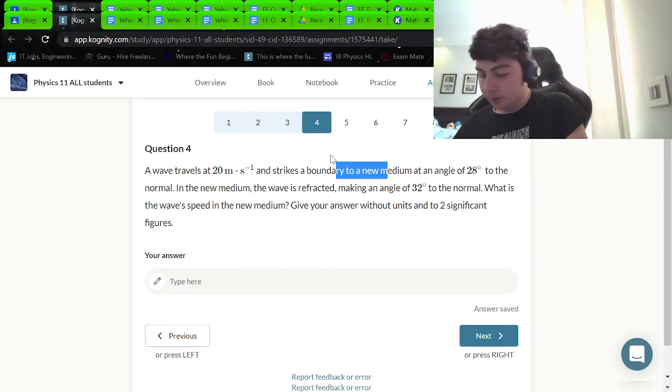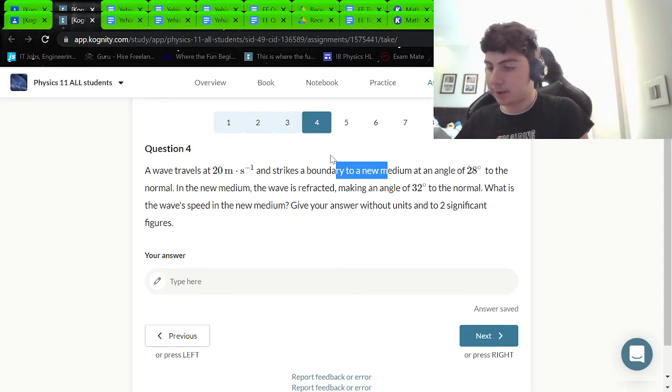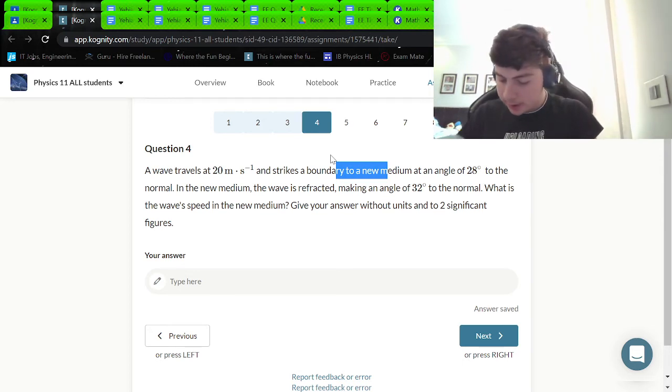So let's do it. Remember to change your calculator to degrees, not radians, when you're not doing math. Sine 32, right? And then sine 28, that number divided by that number is going to get you that number.